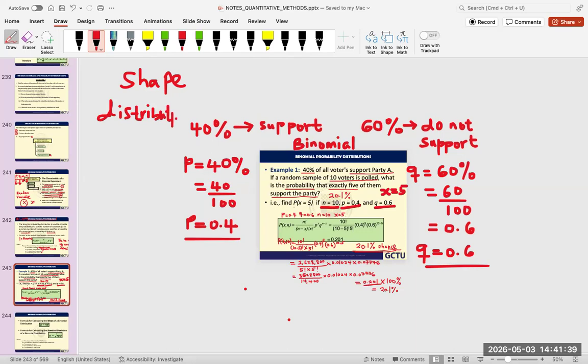After finding the shape, we find the center of the shape. After finding the center of the shape, then we go find the spread.